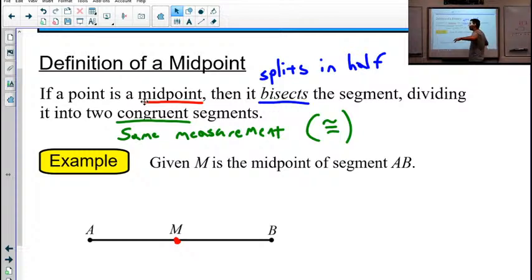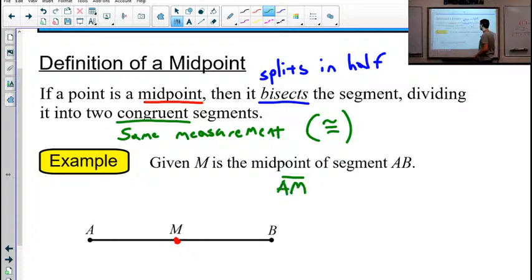And so to put all that together, we can say that if we have a midpoint, the two pieces are congruent. So we're going to say segment A to M is congruent to segment M to B. Because remember, if we have a segment, we put a little bar at the top.